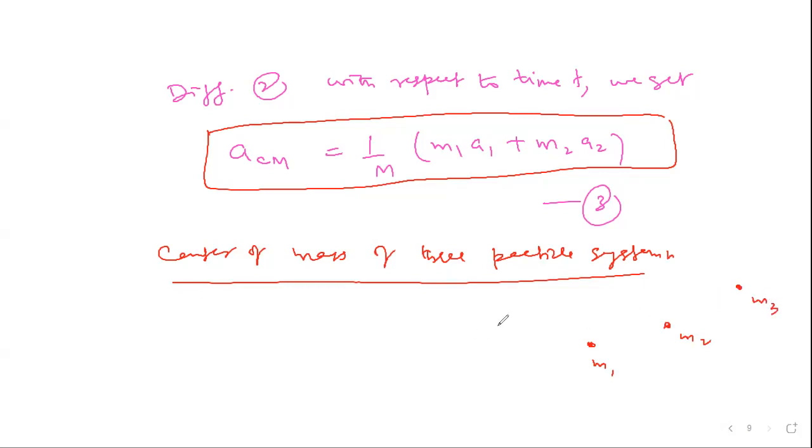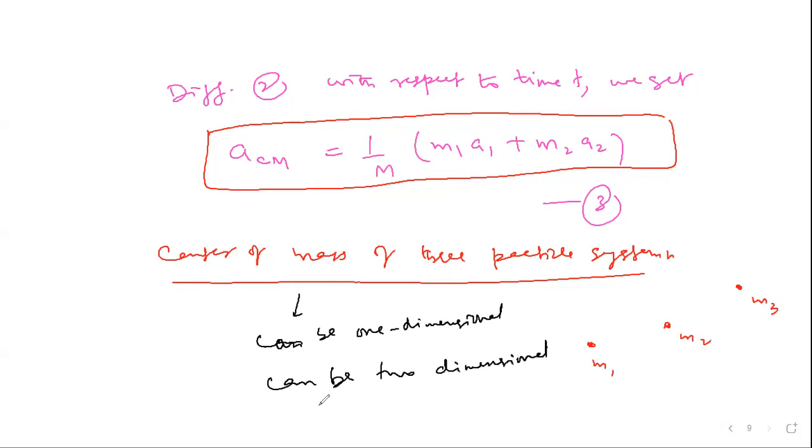Now, a three particle system can be, understand this, one-dimensional, it can be two-dimensional also, right? So think about it. It cannot be three-dimensional.